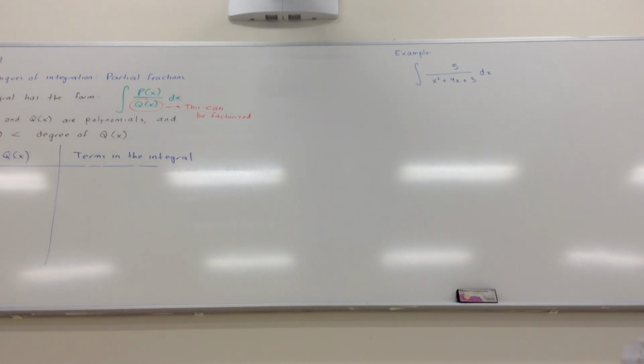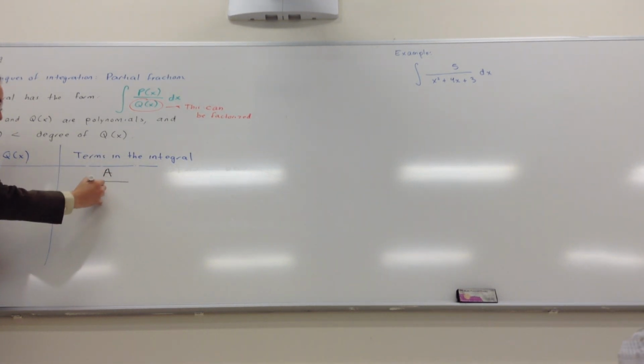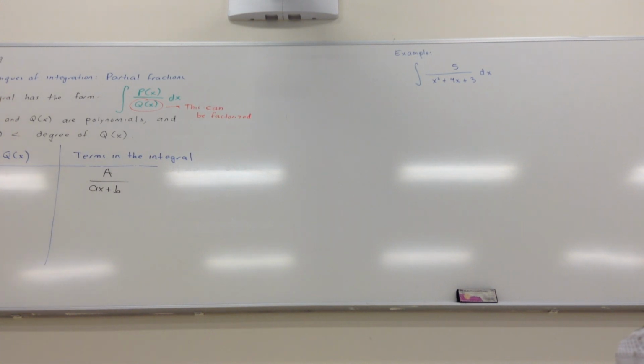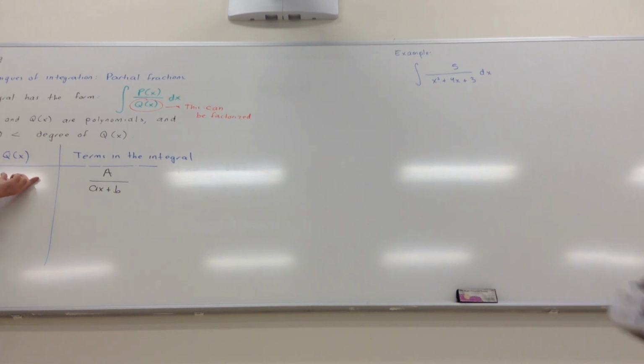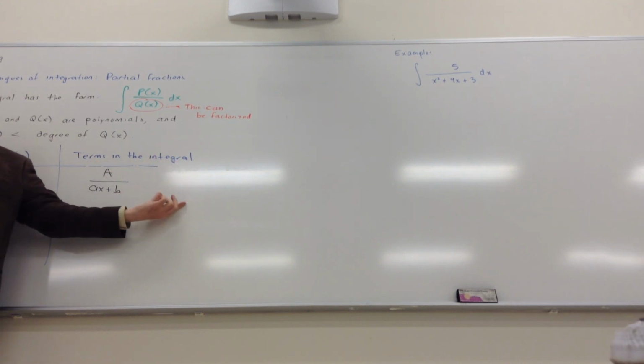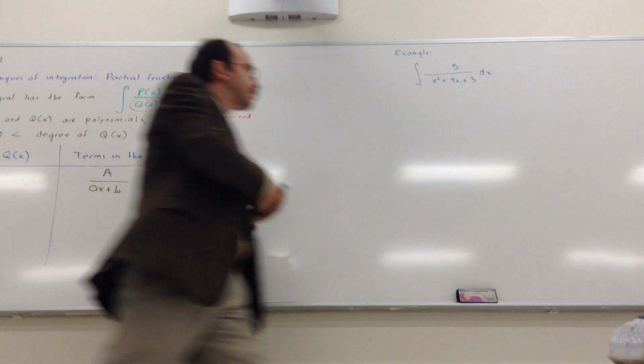For every factor of the denominator, we're going to put a coefficient, A over ax plus b. For every factor. For example, if I have x plus b, the integral will have A over x plus b, plus, if I have another linear factor, B over the other factor, and so on. Okay? Let me give you an example.